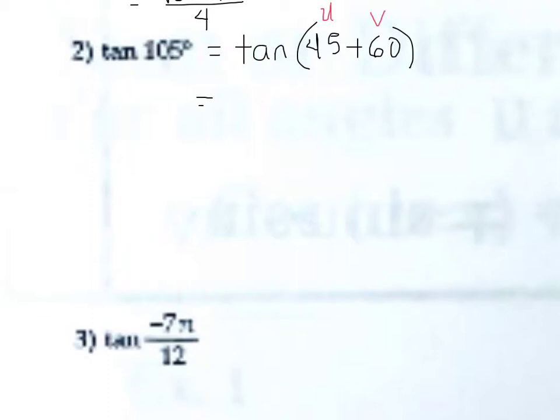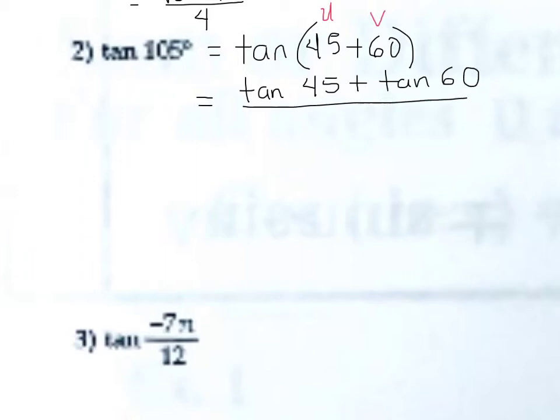When I rewrite the formula, that's tangent of u, which is 45, the same sign for tangent, plus tangent of 60, all over 1 minus tangent of u, which is 45, times tangent of v, which is 60.